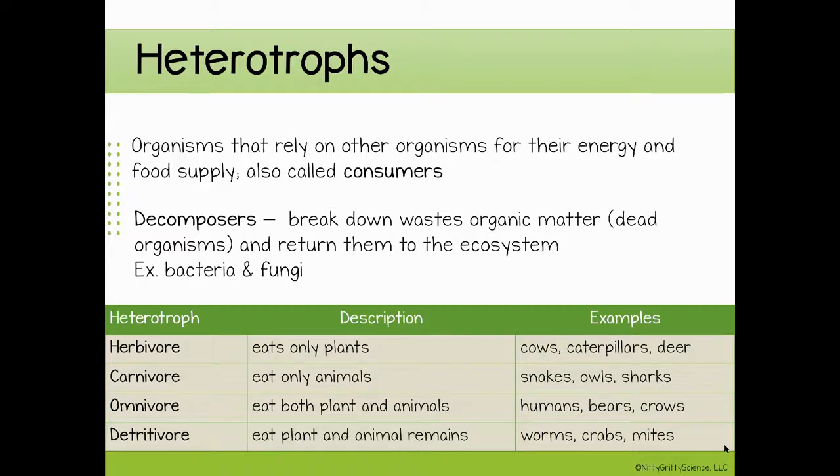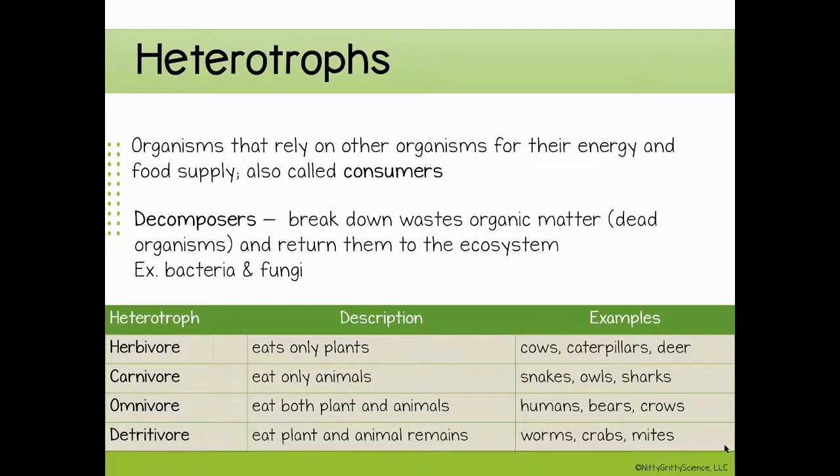And then we have detritivores. Detritivores are decomposers, which I'm going to bring you up to that vocab word in just a second, but these eat the remains of plants and animals. Now, detritivores are consumers. That means they have to eat these dead plants and animals to break them down and return them to the ecosystem. These are different from decomposers like fungus and bacteria, which break down the dead plant and animal remains outside of their body.